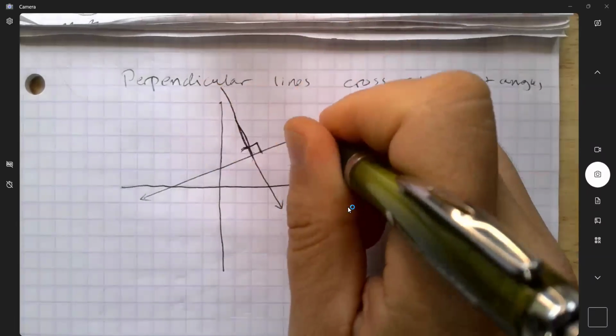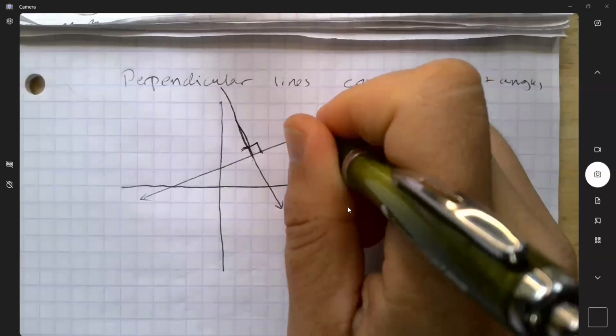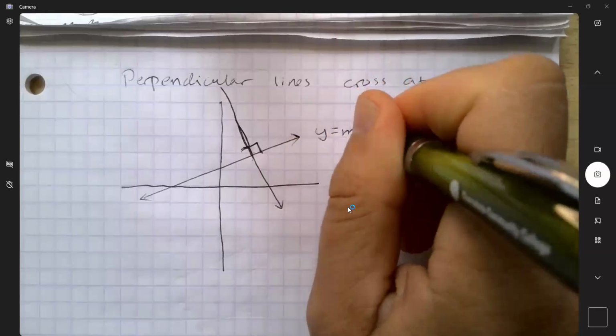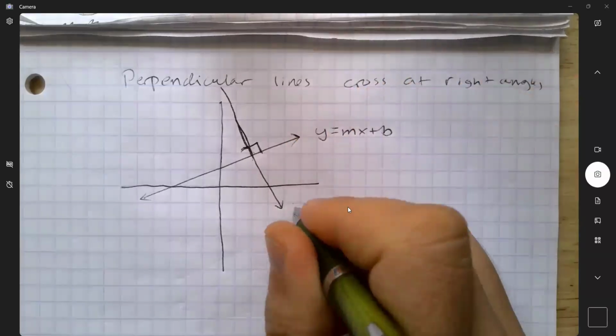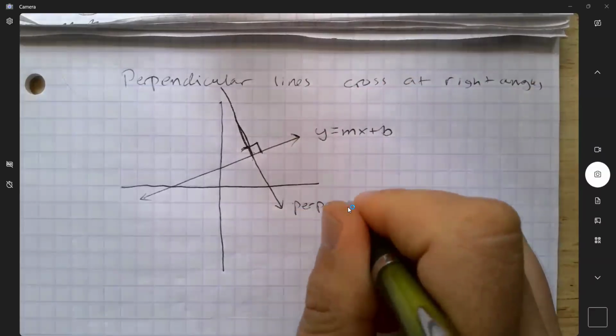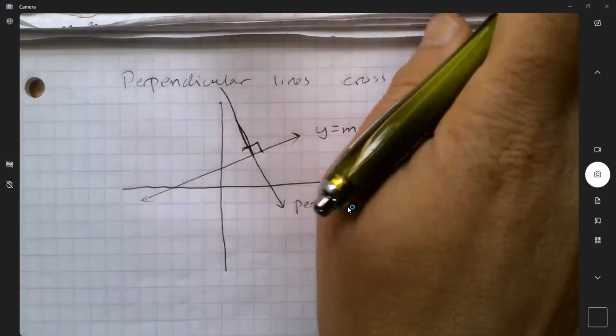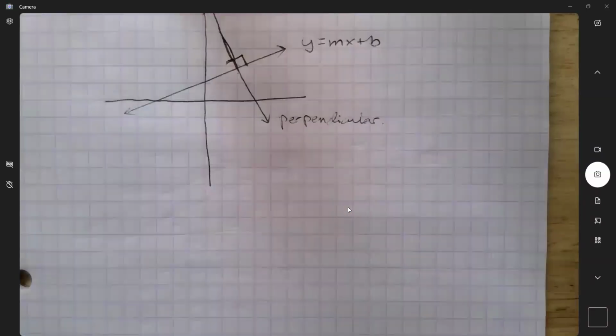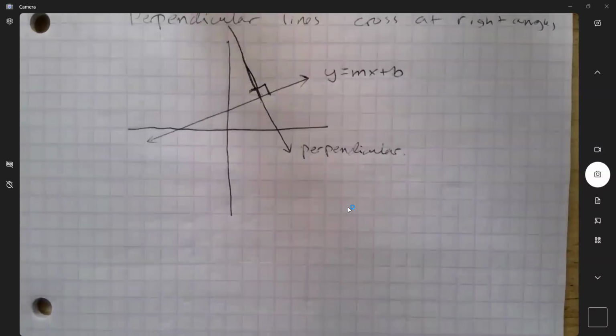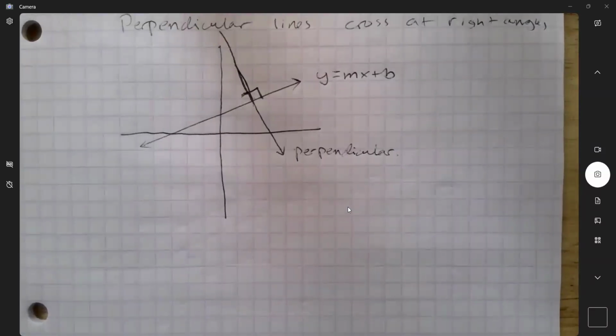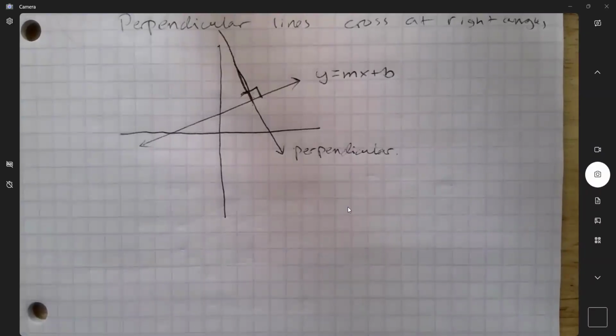So if this is my line number 1, y equals mx plus b, then this is my perpendicular. Finding out the formula for a perpendicular line is much more challenging, to be honest, than for a parallel line.